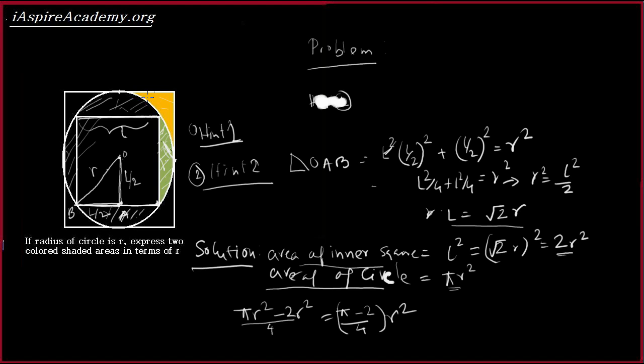Now, in a similar way, we can find out the area of this. So let's see, we have again the circle and now the bigger square.